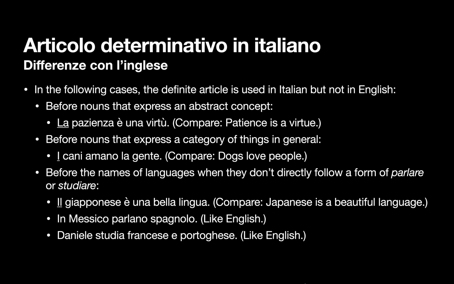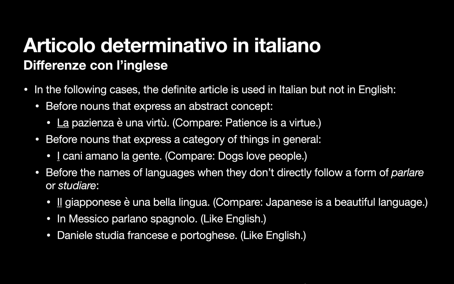So here are a couple of other differences with English. Italian tends to use the definite article a little more than in English, I want to say. And here are some of the cases where it does. So, first of all, before any noun that expresses an idea or an abstract concept. In English, we like to talk about these things without the definite article.